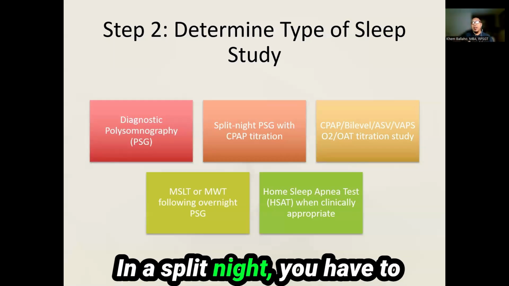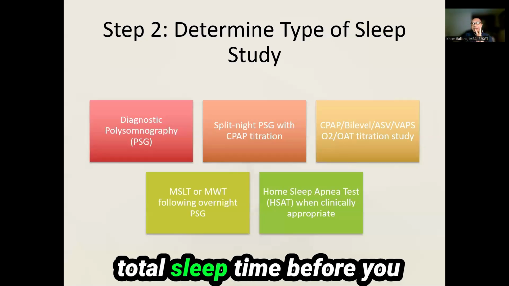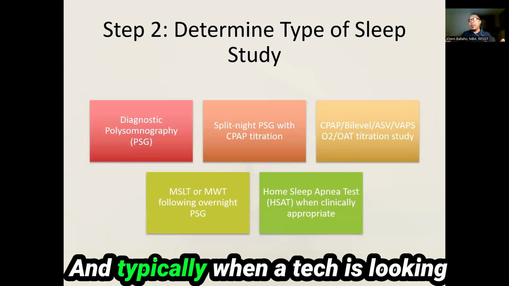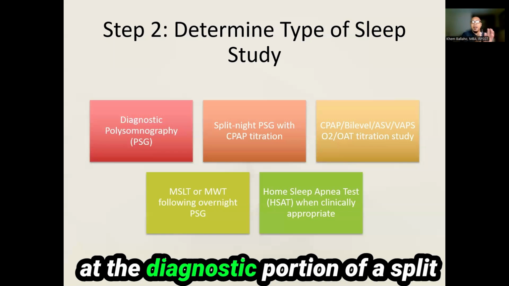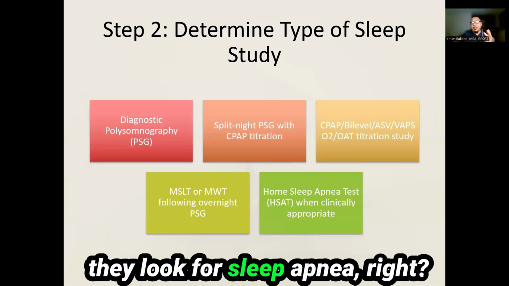In a split night, you have to have at least 2 hours of total sleep time before you can initiate the treatment. And typically, when a tech is looking at the diagnostic portion of a split study, they look for events and they look for sleep apnea, right?